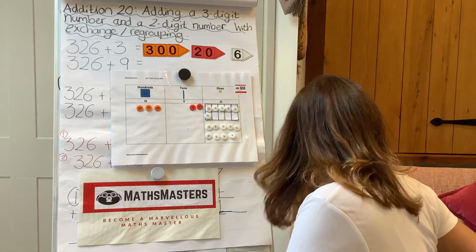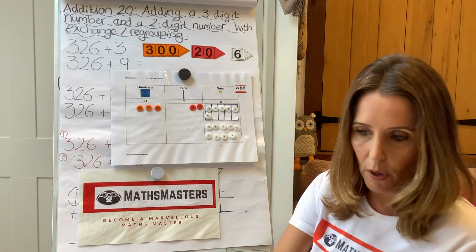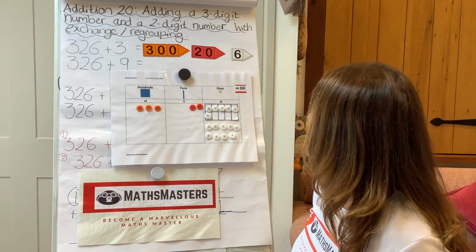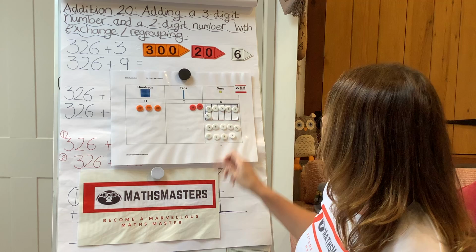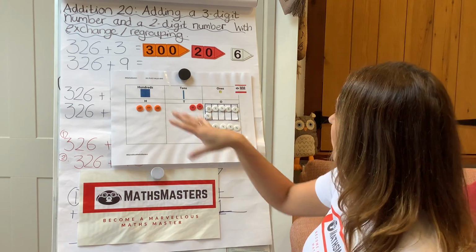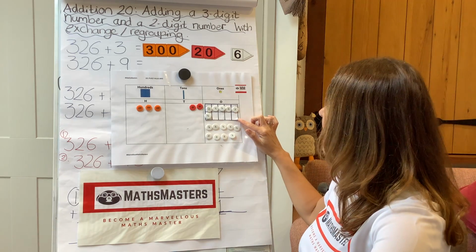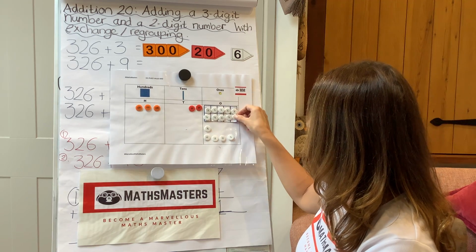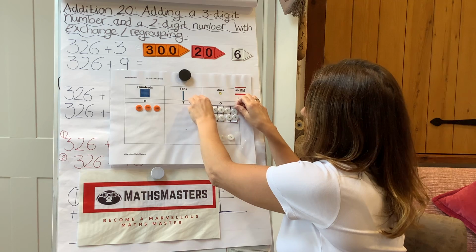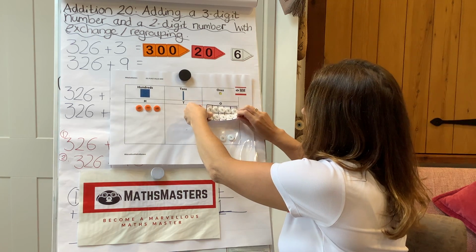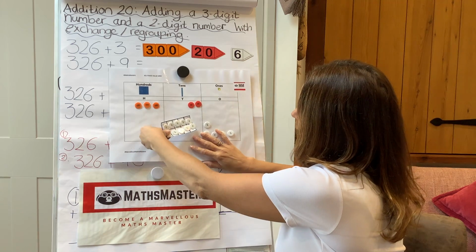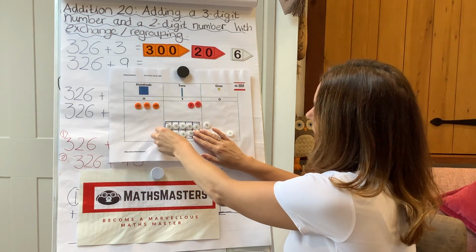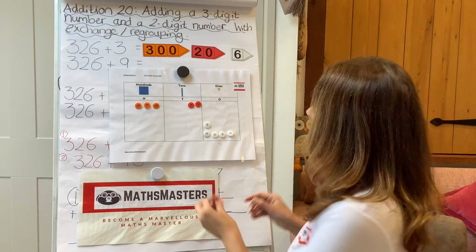If we've got 326 and we're adding 9 on, here we can see visually that we're going to end up with 10 ones, because if we move 4 of those 9 ones into the 6 that we've already got, we can then exchange those 10 ones into the tens column, because now the 10 ones have made one 10. And we put it down here.